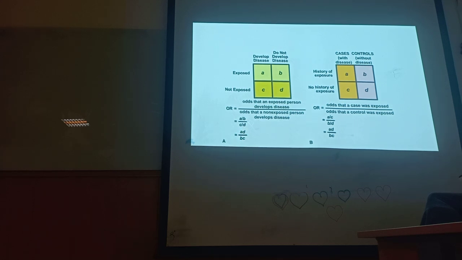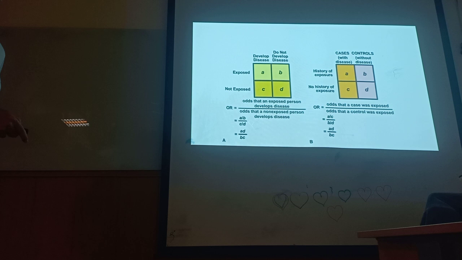Okay? What about case control studies? In case control studies, we do not have exposed and not exposed group. We have cases and controls. What are the odds of exposure in cases? A over C. What is odds of exposure in controls?